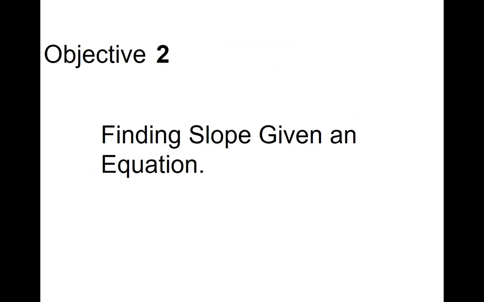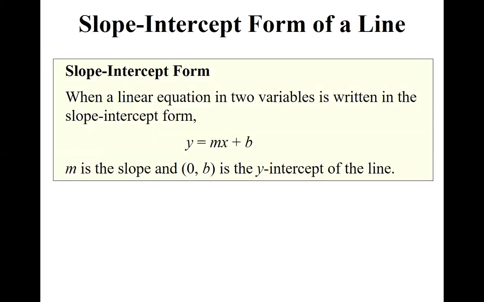The second objective in this topic is finding slope given an equation. So we've had our standard form where the X and the Y are on the same side. We've kind of looked at this already. We haven't named it before.